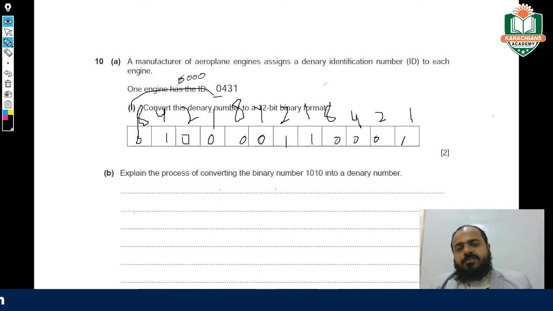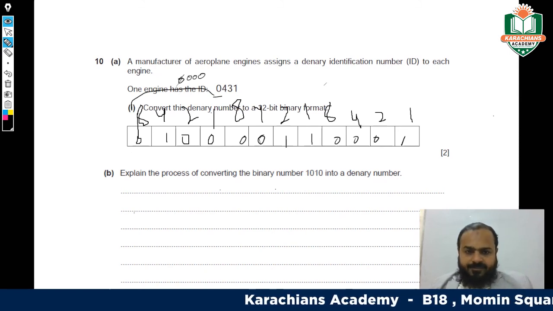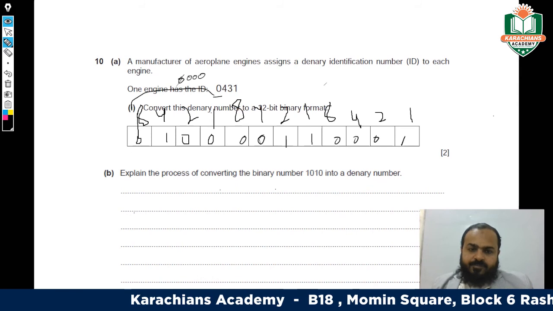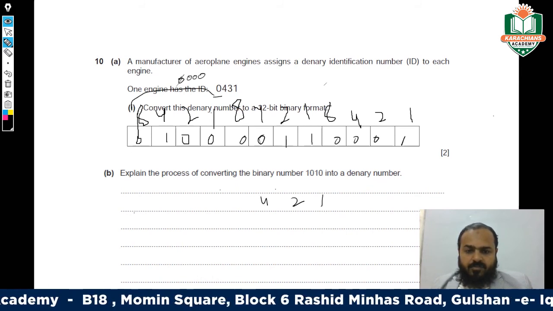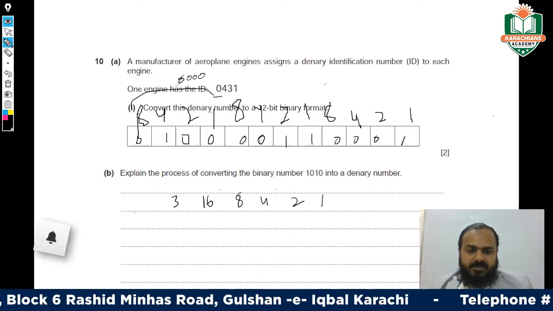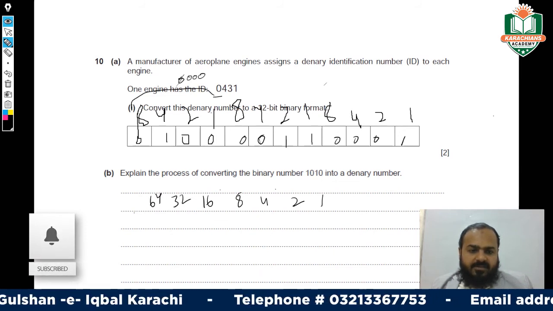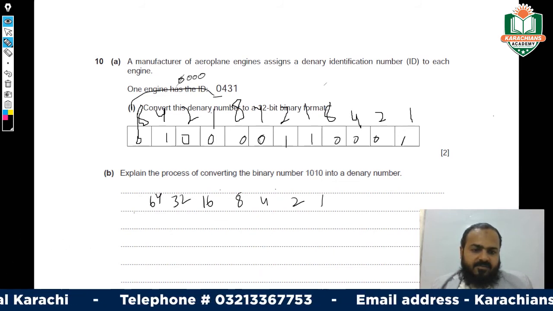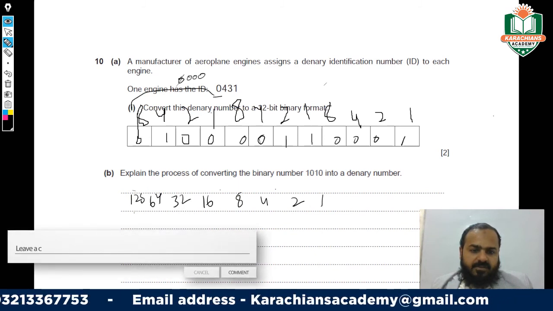Now explain the process of converting binary 1010 into a number. The process is simple, very simple. Let me draw the process here. There is a method: 1, 2, 4, 8, 16, 32, 64, and then we have 128.